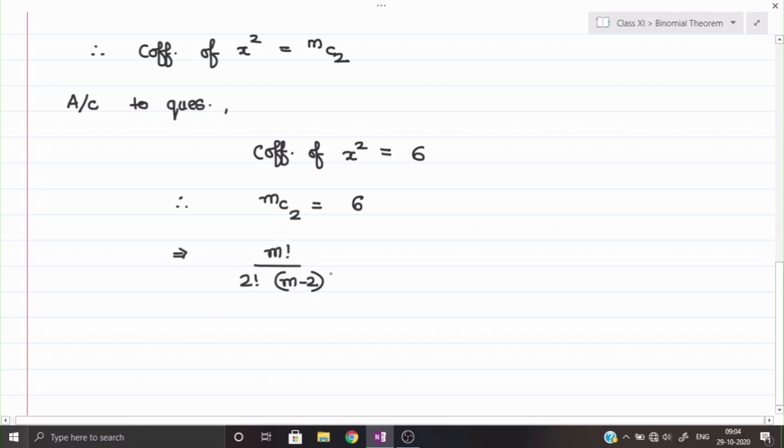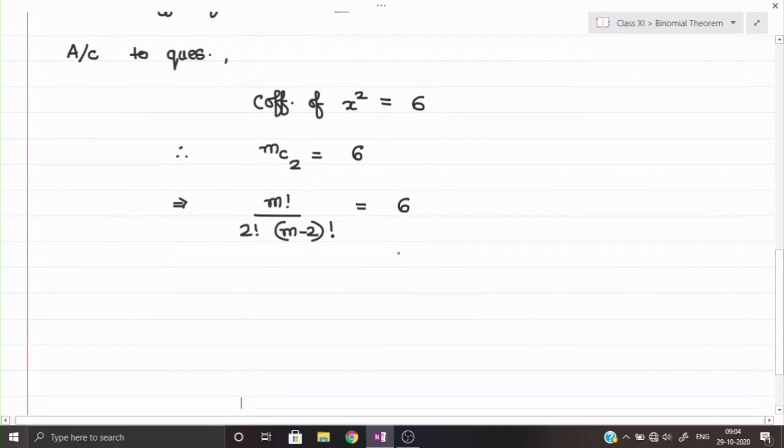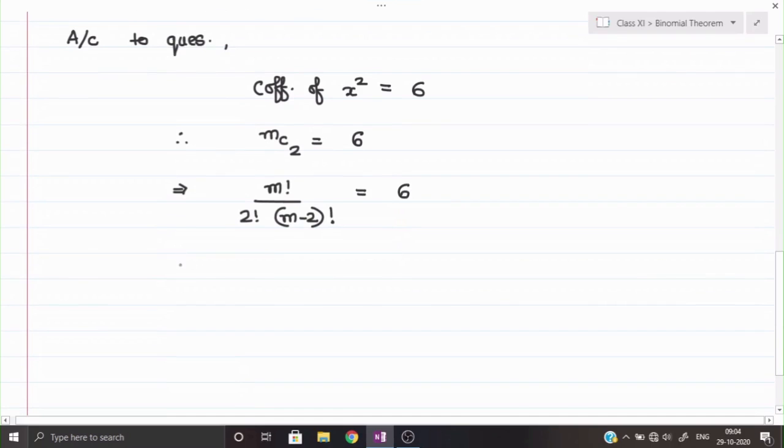If I apply the traditional formula of nCr, you know it. Now further, factorial m, I will open till m minus 2. So this will be m, and if m comes outside, then in the factorial remains m minus 1. m minus 1 also I have taken outside. Then the remaining will be m minus 2 in the factorial.